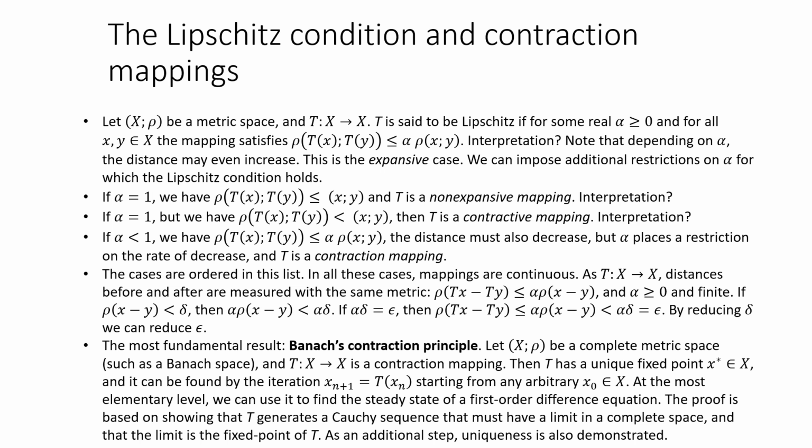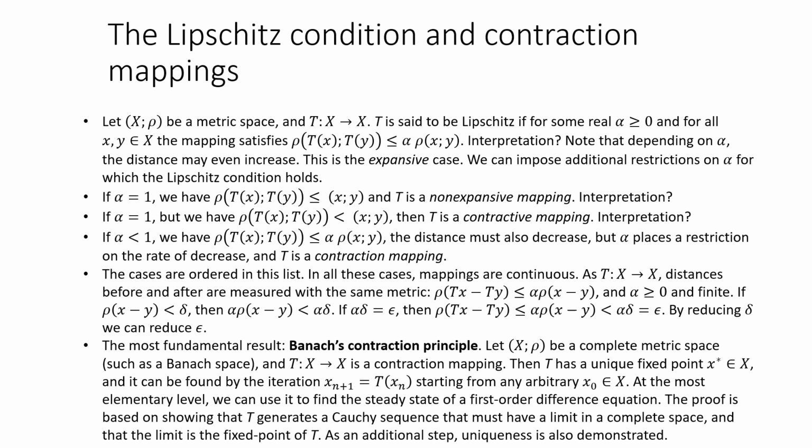So we restrict alpha to be 1, and in this case we have the next form of the inequality. In this case, we can get rid of the possibility of expansion. So the distance might be the same, or the distance might be decreasing.